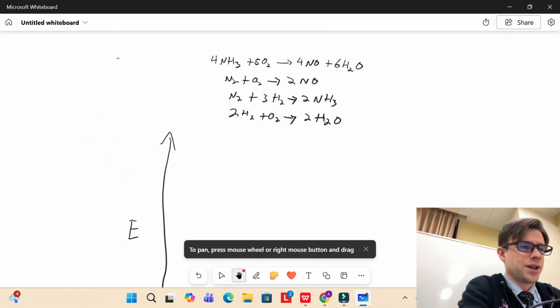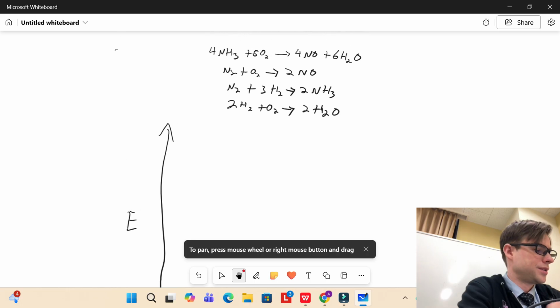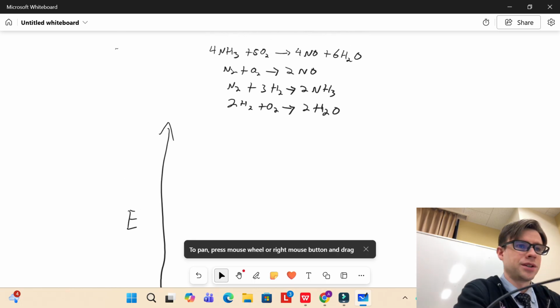Now, let's start with the target equation. We know that that was exothermic, that was delta H minus 1400 that we calculated. That's quite exothermic, so that's going to be a big down arrow.